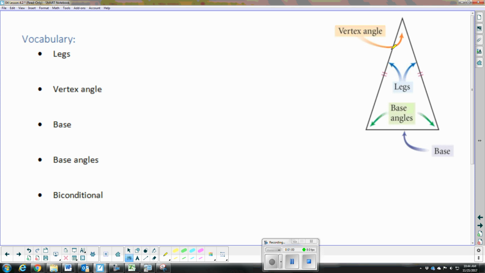So the first one is the legs. So these two sides, those are your legs. So in an isosceles triangle, you have two legs, and those two legs are congruent.